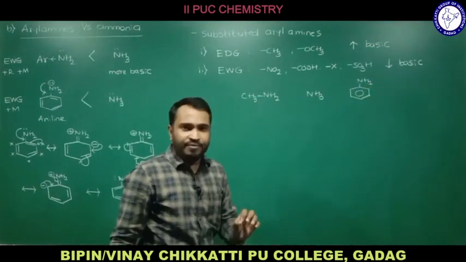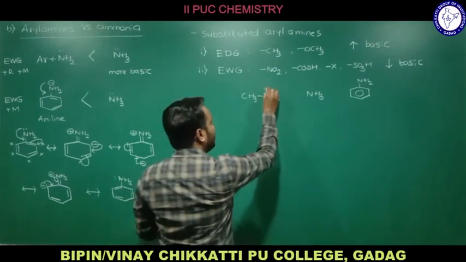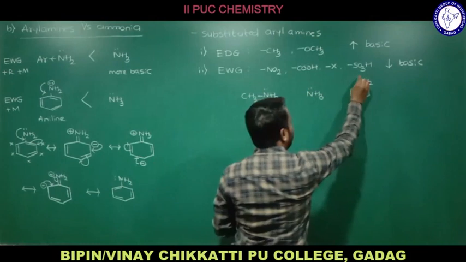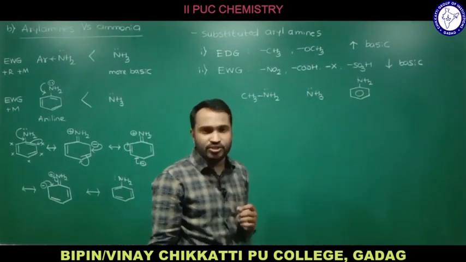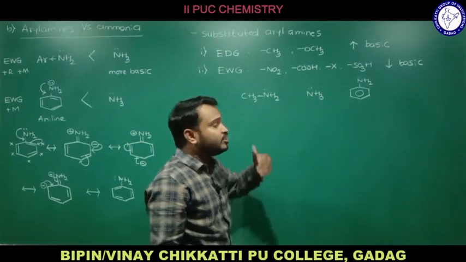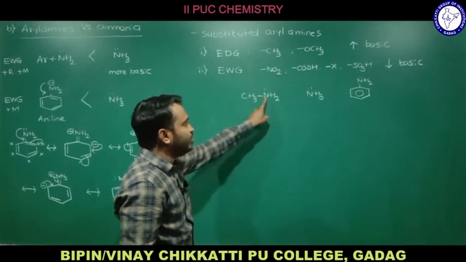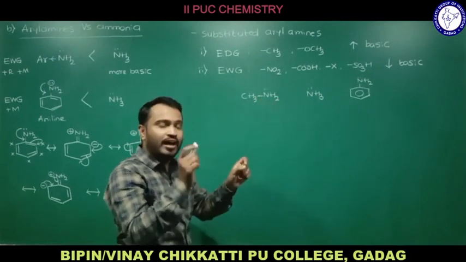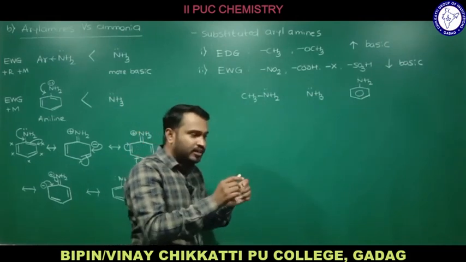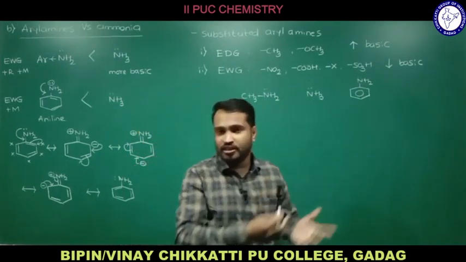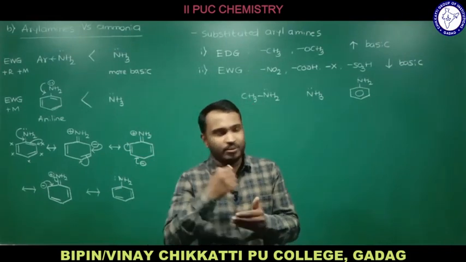Out of these three, all three are basic in nature, because nitrogen contains a lone pair of electrons which is available for protonation. Now we'll see which one is more basic and which one is least basic. That depends on the electron density on the nitrogen. If the electron density on nitrogen is high, it is more basic in nature; if the electron density on nitrogen is less, it is less basic.